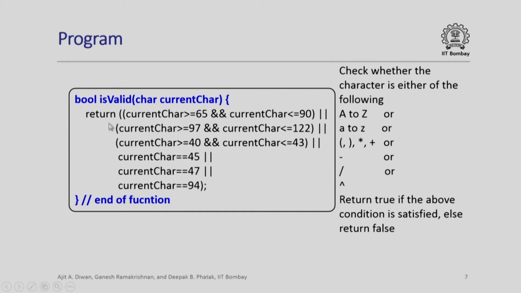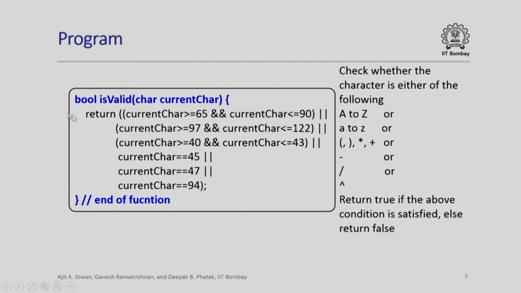Next is the is valid function. The purpose of this function is to check whether the character that comes in the infix expression is either of capital A to Z or small a to z, which corresponds to our operand, or opening parenthesis, closing parenthesis, star, plus, minus, slash, or raise to, which are the valid operators.